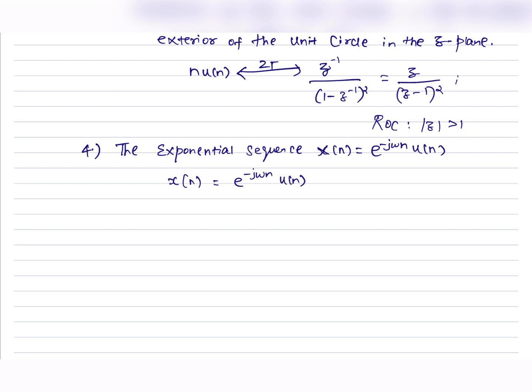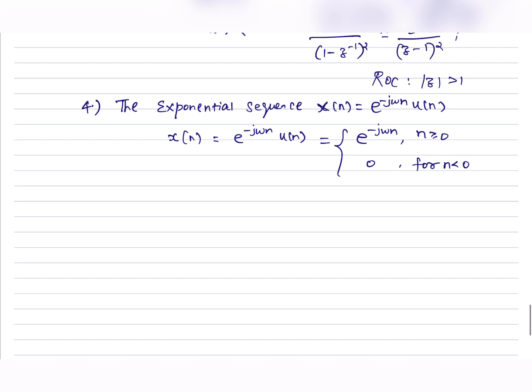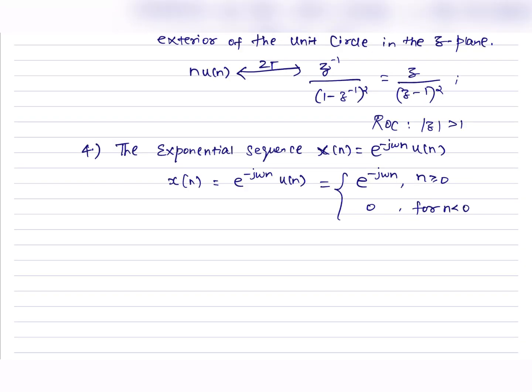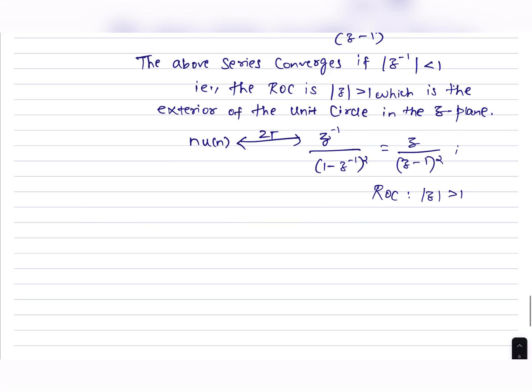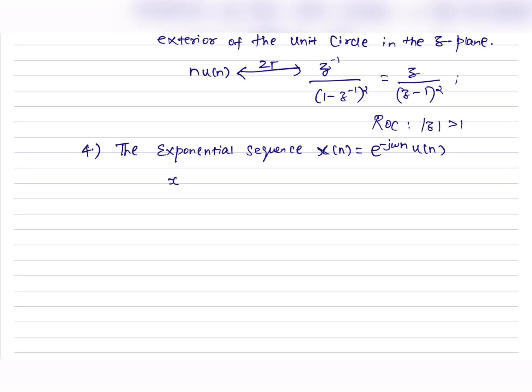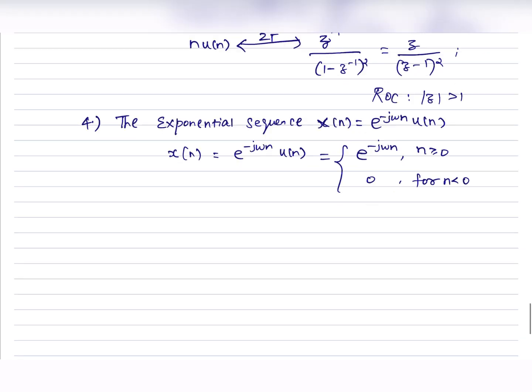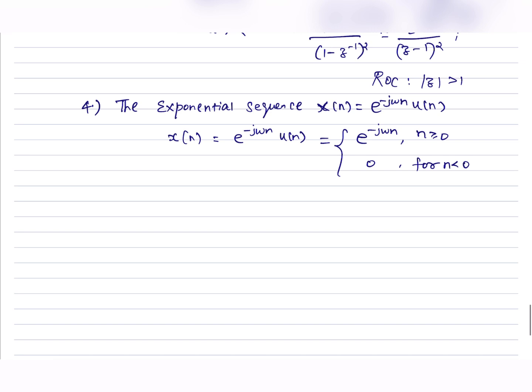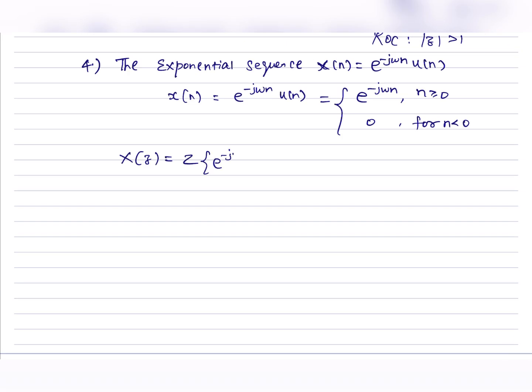It takes the value exponential to the power minus j omega n for n greater than or equal to 0, and it is going to be 0 for n less than 0, right. Now let us get into the problem.